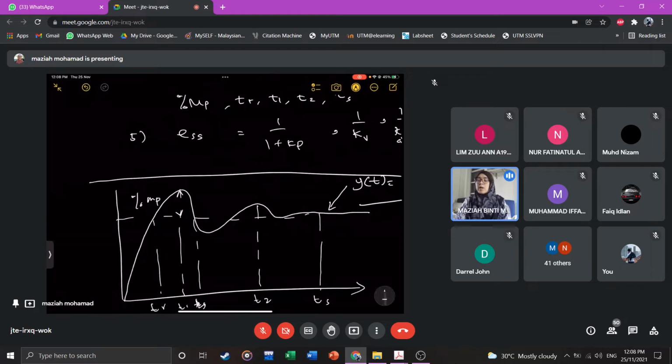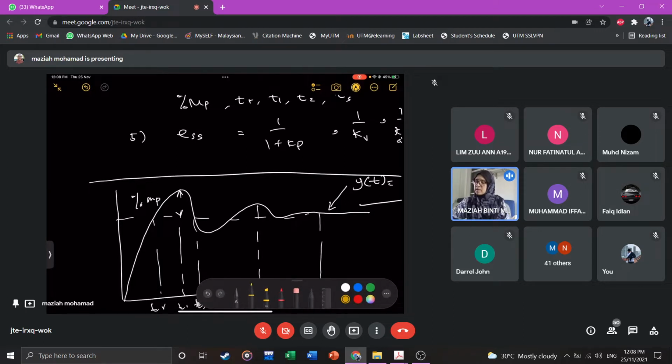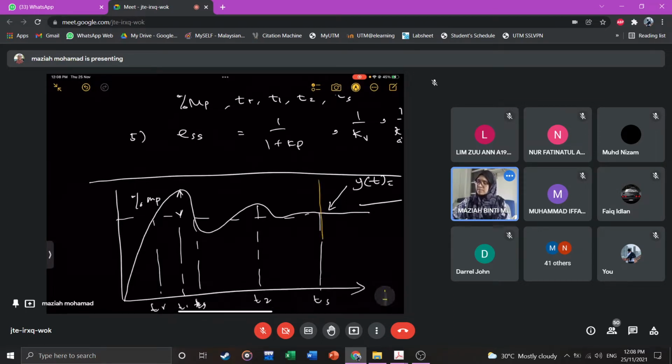So I also explained about transient region and steady state region.